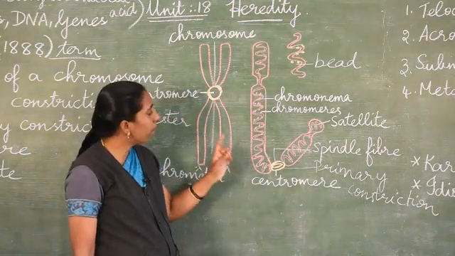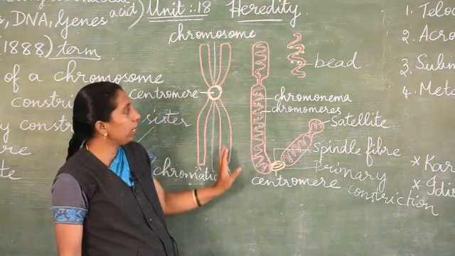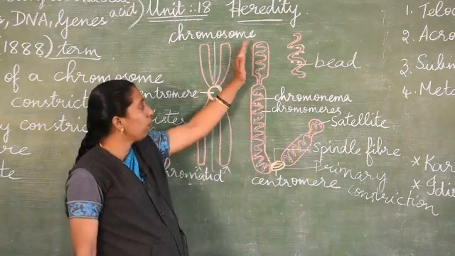Apart from this, the secondary constriction can be found in any part of the chromosome.